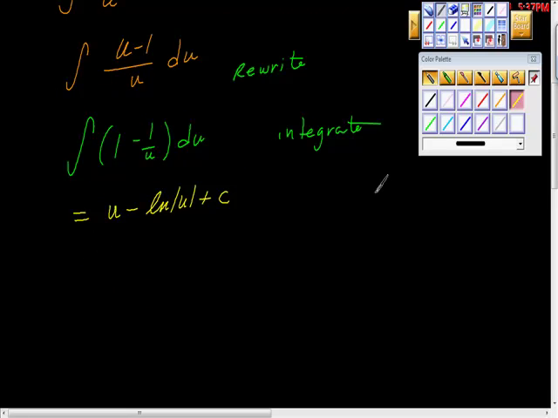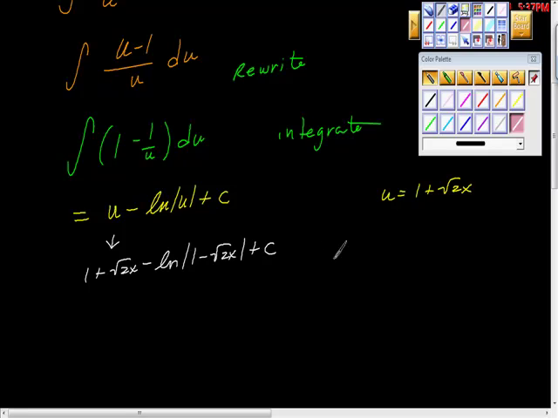But it gets kind of weird for a second, because remember that what u was equal to 1 plus the square root of 2x, isn't it? So when I substitute in here, I'm going to get 1 plus the square root of 2x minus ln of 1 plus square root 2x, right, plus c. But when I finish, we have to clean it up a little bit because here we have this constant, and we don't need the constant.